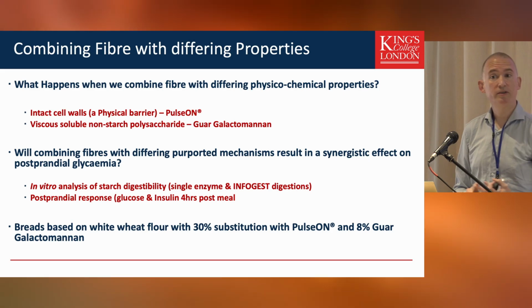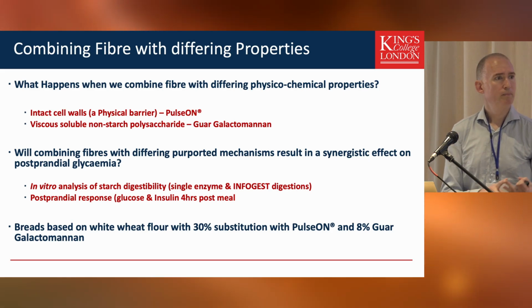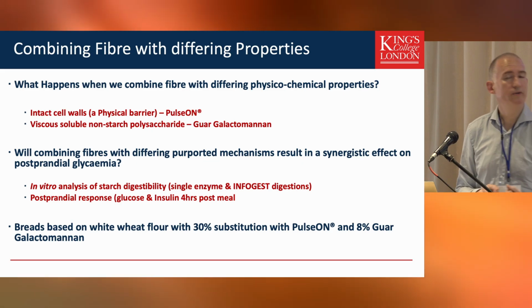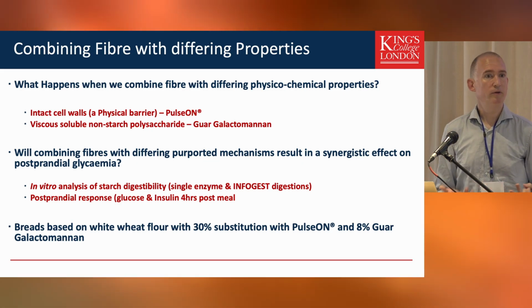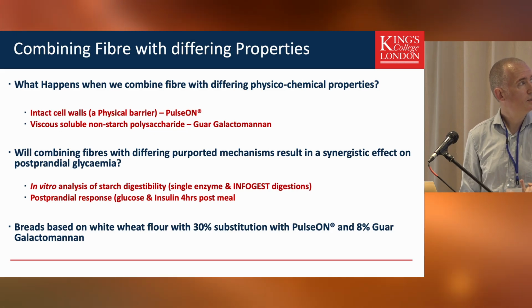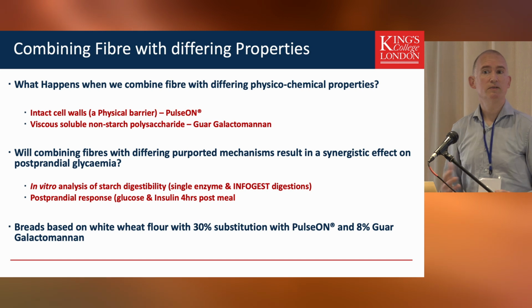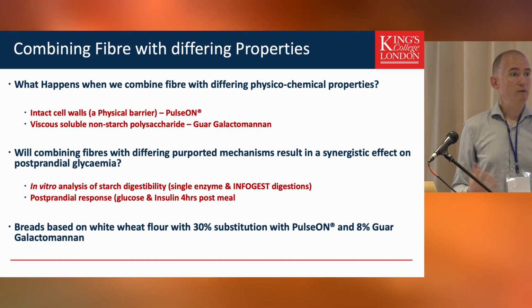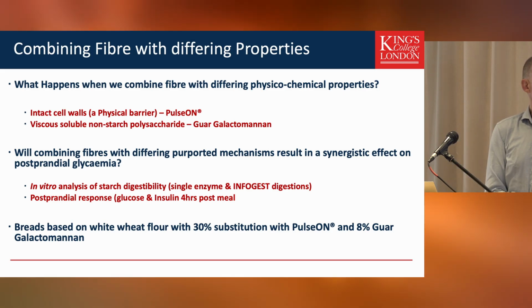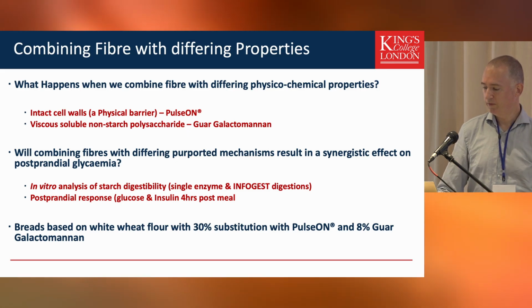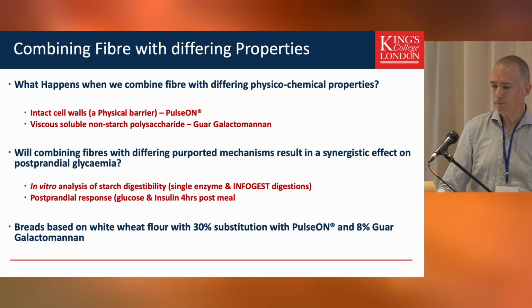We had an isoglycemic bread, which was matched for the available carbohydrates in the control, but with the 30% chickpeas and 8% guar. And then one that was isomass, so just to see what happens when you feed something that's the same total mass for the meal as the wheat bread control, but had significantly lower levels of available carbohydrate.